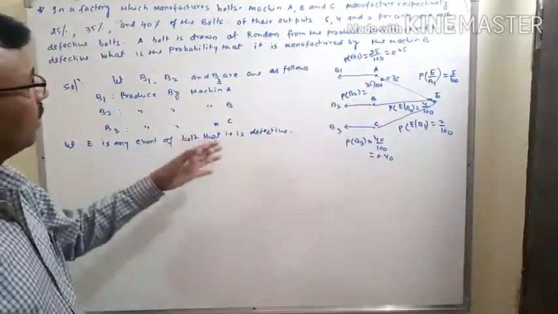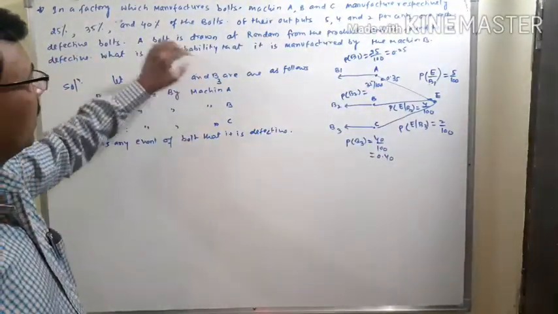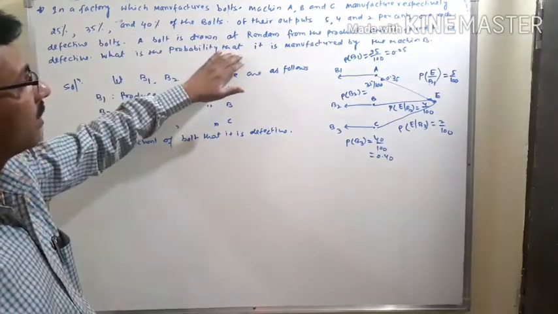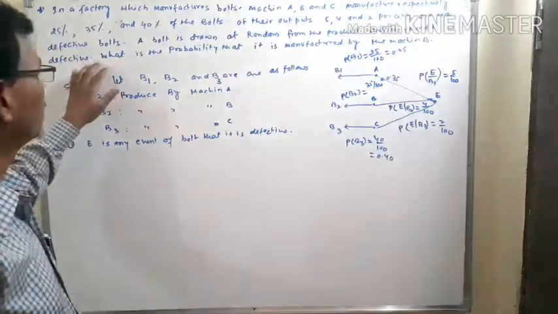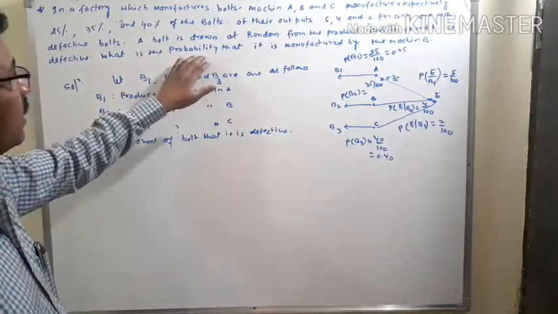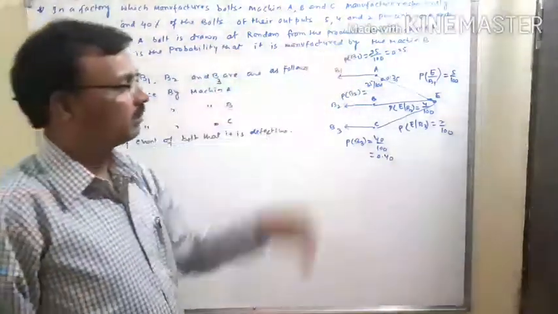Now we want to find, if one bolt is drawn from the product and it is found to be defective, what is the probability that it was manufactured by machine B?